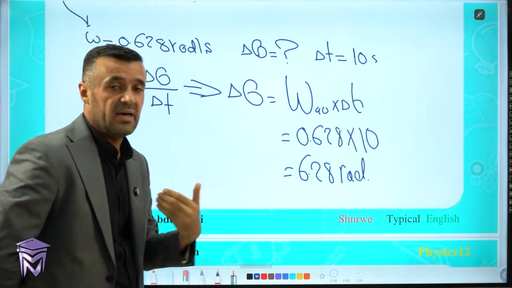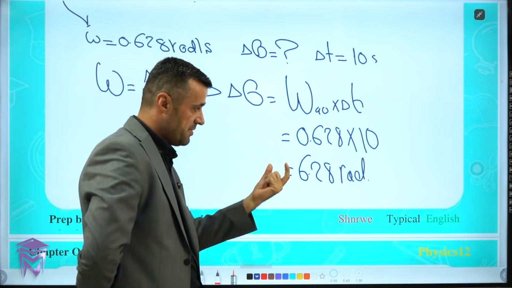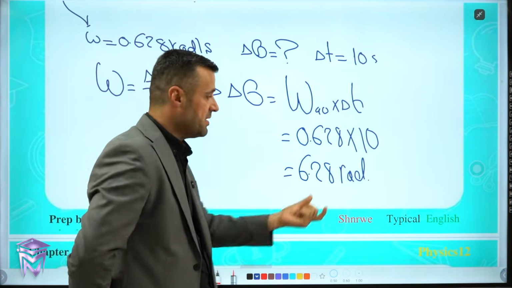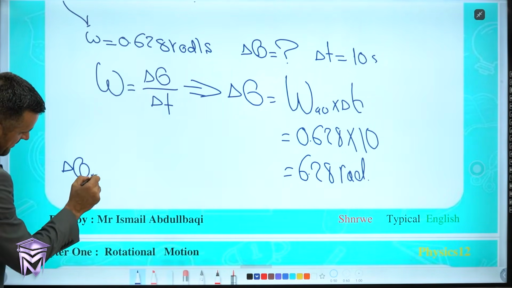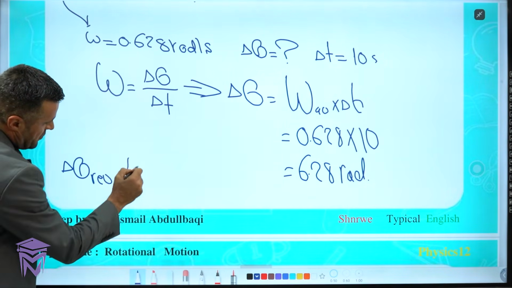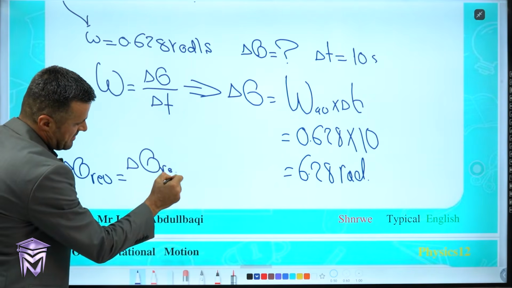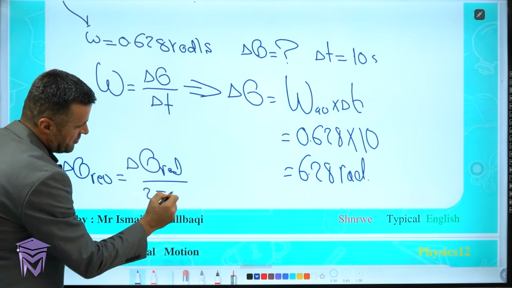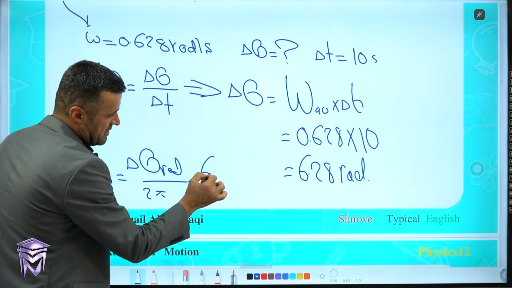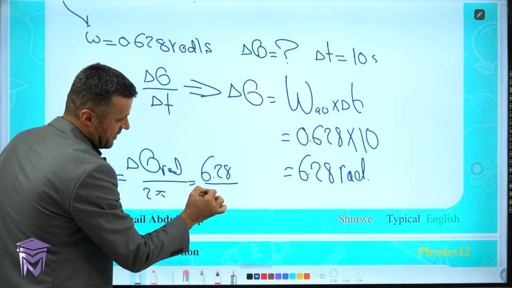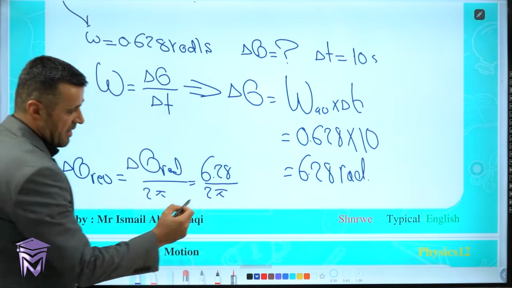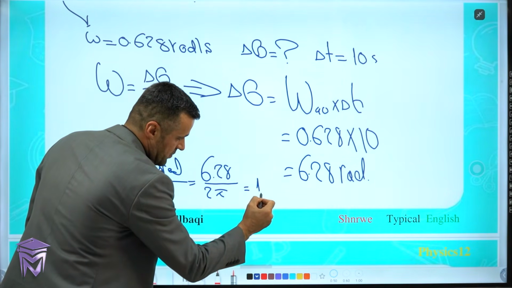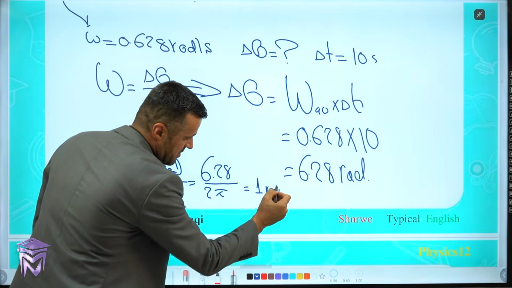But we have to convert this value of theta to rev. Therefore, we can write theta in rev equals theta in rad divided by 2 pi. 6.28 over 2 pi. 2 pi with 2 pi cancel each other, and the final result equals 1 rev.